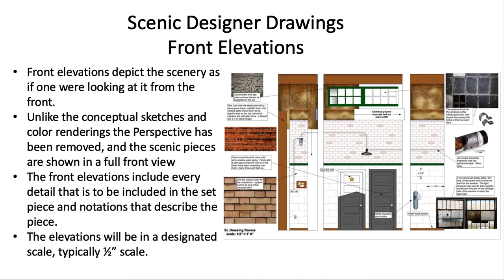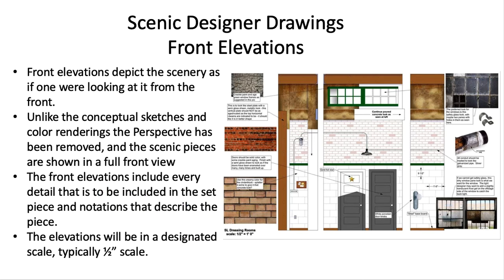Once the basic set has been decided upon and agreed upon, then the scenic designer begins to break that set down into individual pieces and draft each individual wall. These are called front elevations. The front elevations are in a particular scale, and the scenic designer needs to indicate what scale that is.